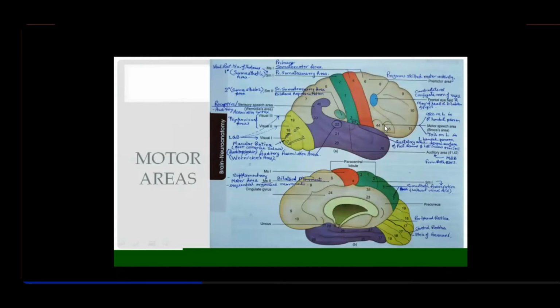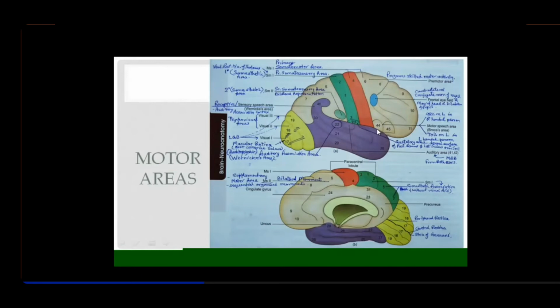Anyway, the area confined in between the sulci, this is the inferior frontal gyrus. The lower part is called pars orbitalis. The area between the anterior horizontal and anterior ascending sulci is area number 45. This is pars triangularis.